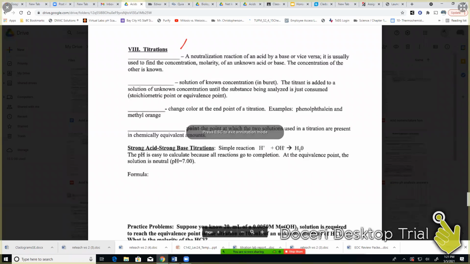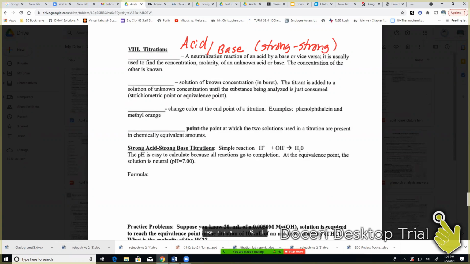And we're specifically looking at acid-base titrations, and we're doing strong acid, strong base, because there are other types of titrations that don't have to be acid and base. And if you were doing a weak acid and a strong base, it gets a little bit harder to figure out the things that we're going to look at today.